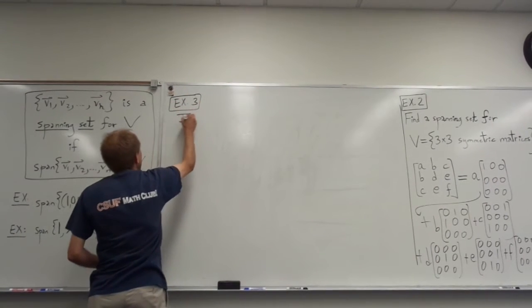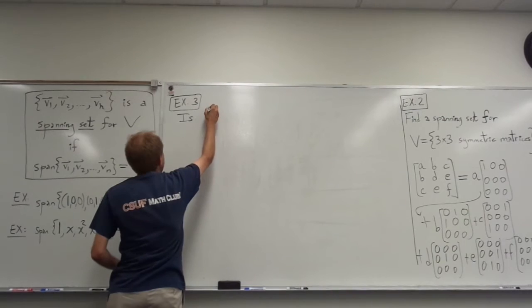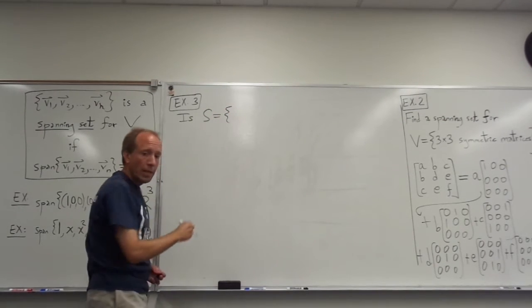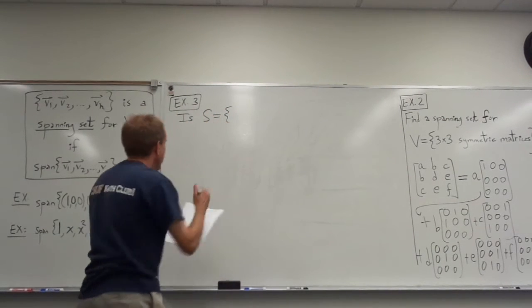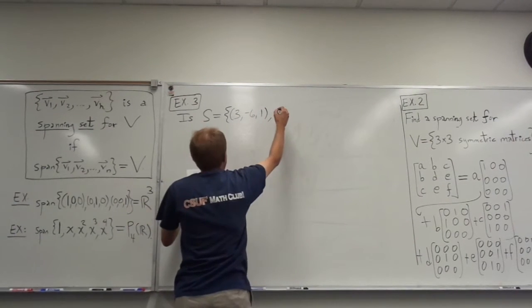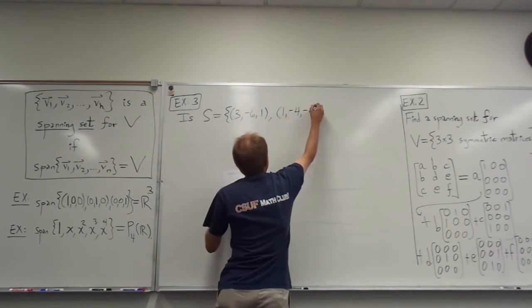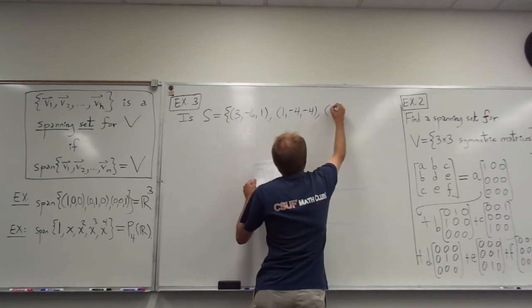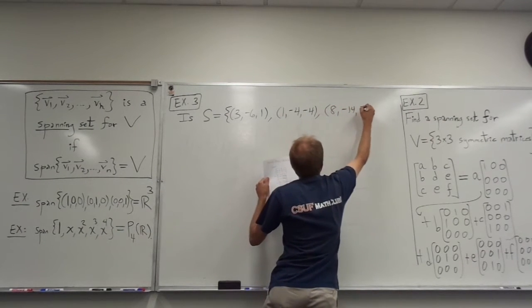So is the following set, I'll call it S for now. S is going to be the following vectors: (3, -6, 1), (1, -4, -4), and (8, -14, 7).